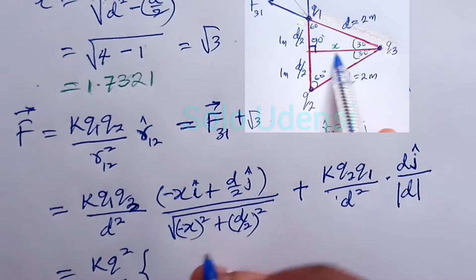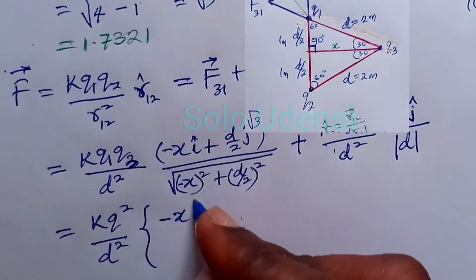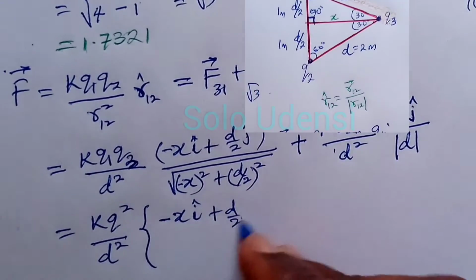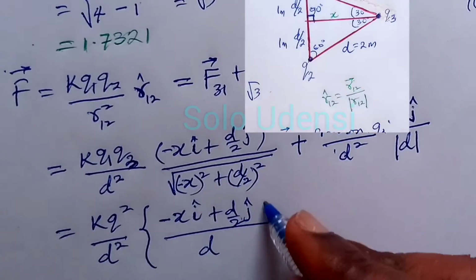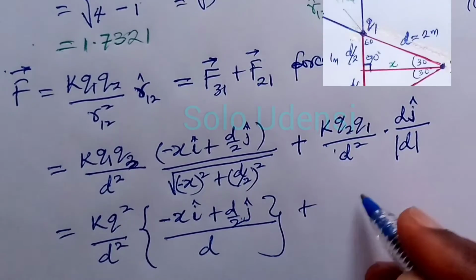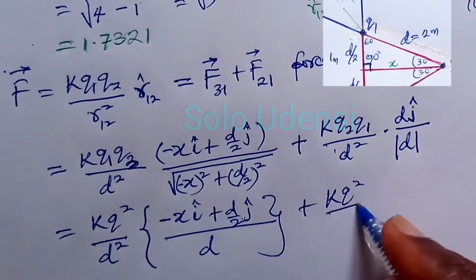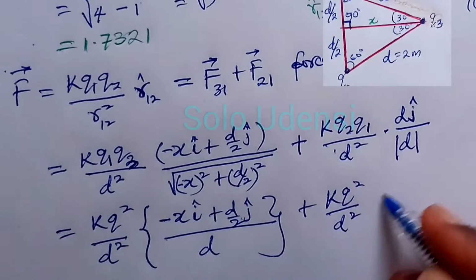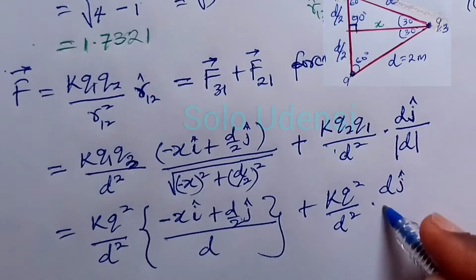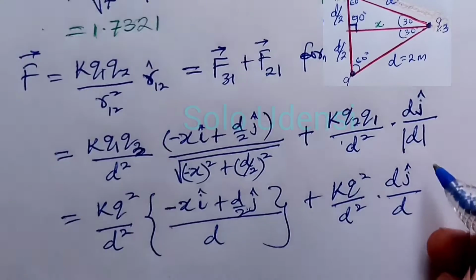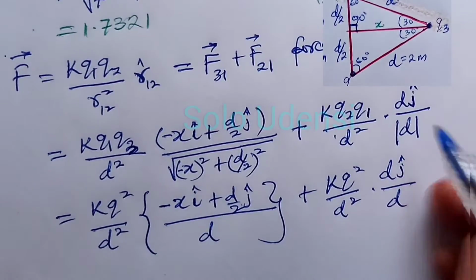So it's minus x i hat plus d over 2 j hat all over d, plus K Q squared over d squared times d j hat over d, because the magnitude of a number is also a number.